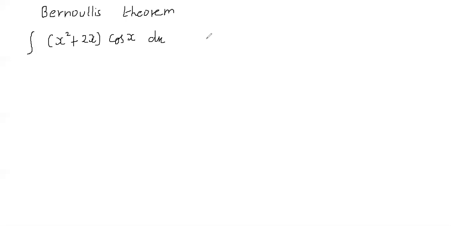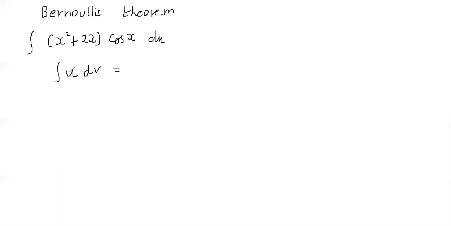For that, Bernoulli has introduced a theorem known as Bernoulli's theorem. This makes the sums very simple. If you have two terms, consider one as u and another as dv, both from the x terms.